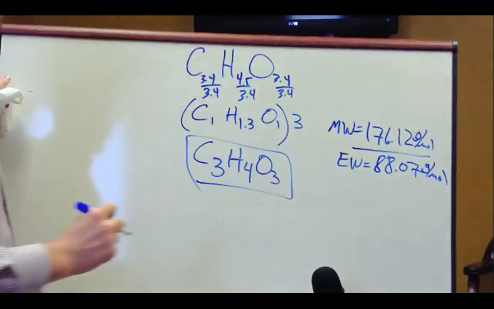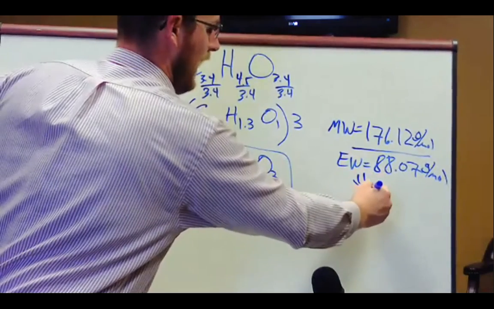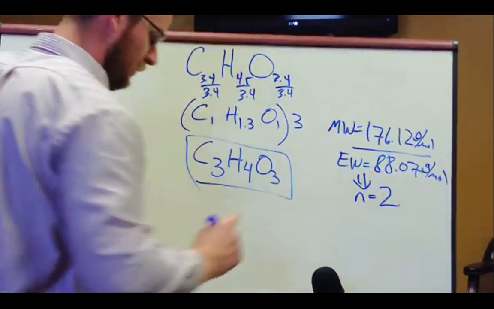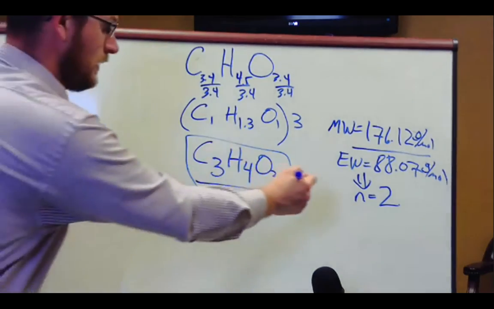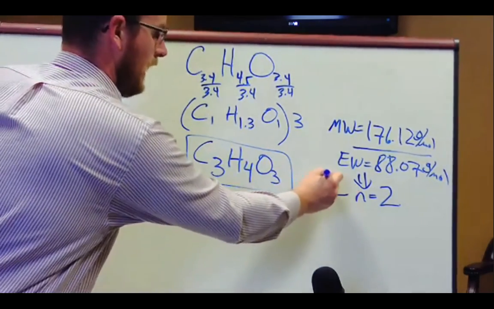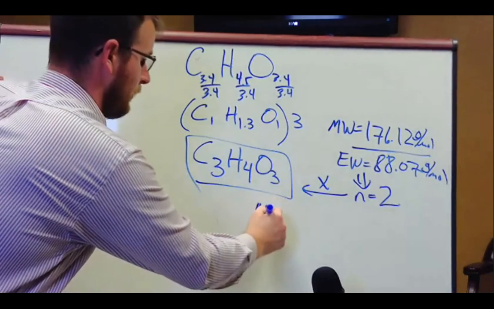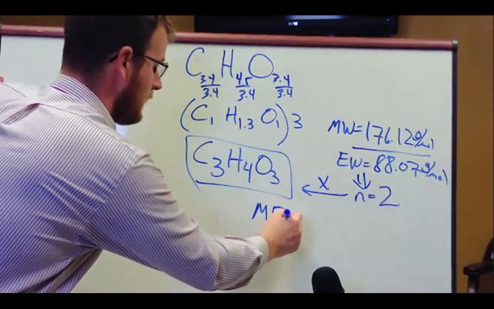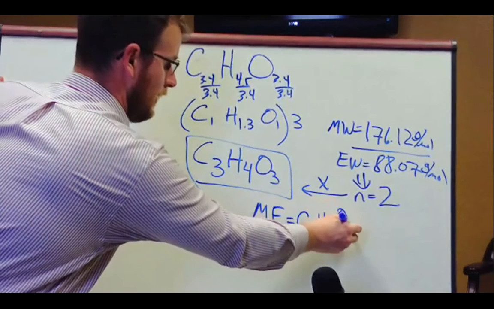And we divide molecular weight by empirical weight, we get a number N, which is going to be 2. And so what we can do is take this 2, and we're going to multiply it by our empirical formula. And so the molecular formula is going to equal C6H8O6.